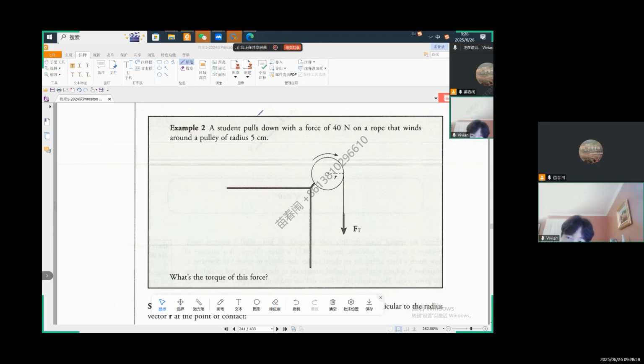Oh, it's just 40 times 5. I mean 40 times 0.05, right? Oh, right. It's 2. What's the unit? Newton meters.